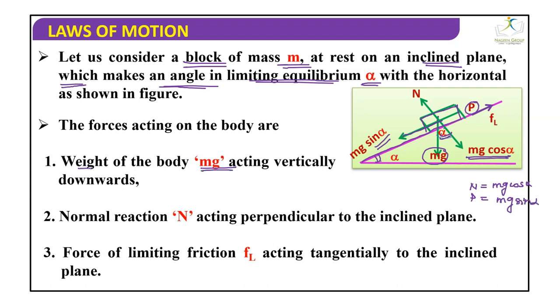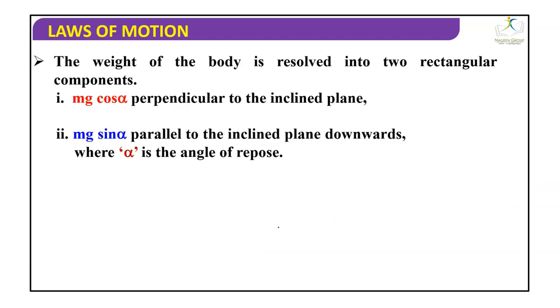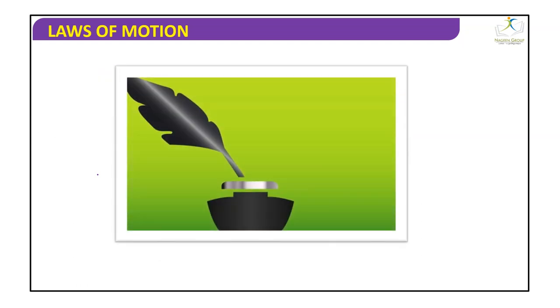So mg is the weight acting vertically downward, along with the normal reaction and Fl, the force of limiting friction. The weight of the body resolves into two components: perpendicular to the inclined plane, mg cos alpha, and parallel to the inclined plane, mg sin alpha.